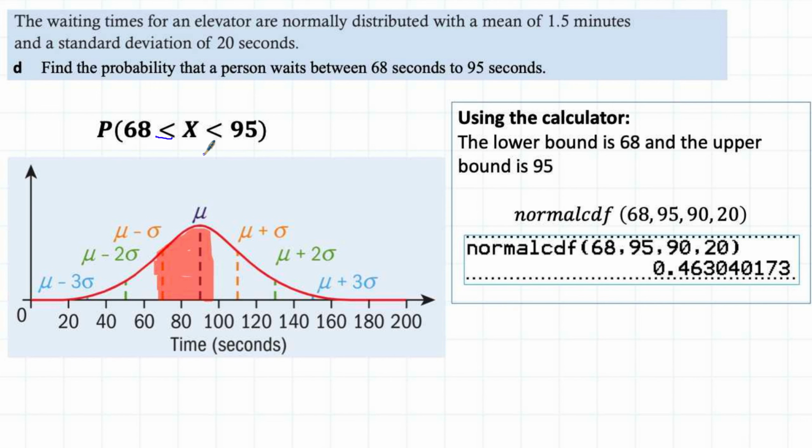So don't type in 69 in case it's strictly greater than, or 94 because this is a strictly less than. In continuous random variables, it doesn't matter whether the inequality is strict or equal to. So the normal CDF is going to be from 68 to 95, and then that will be the answer. Pay attention to the questions. If they say find the percentage, then you need to just multiply this by 100.